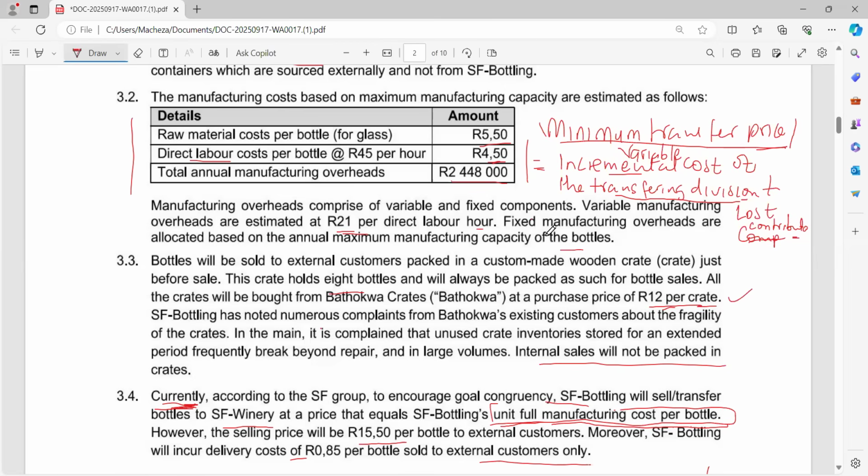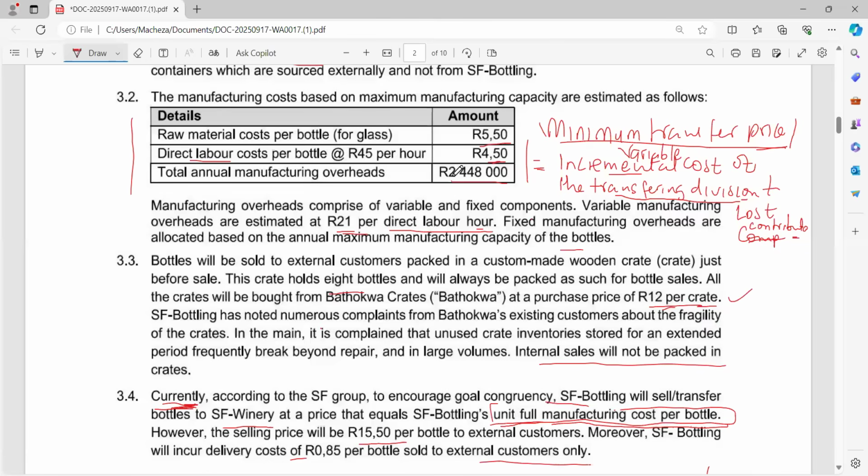Fixed manufacturing overheads are allocated based on the annual maximum capacity of the bottles. How many hours here? They say direct labor cost per bottle at 45 Rand per hour is going to be R4.50.